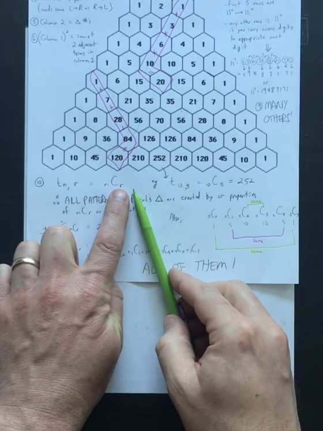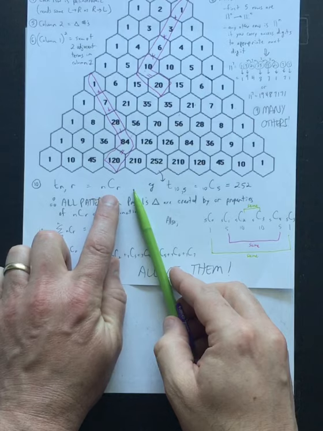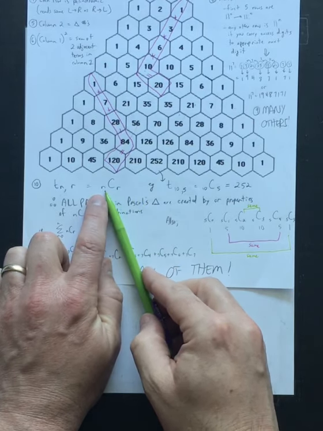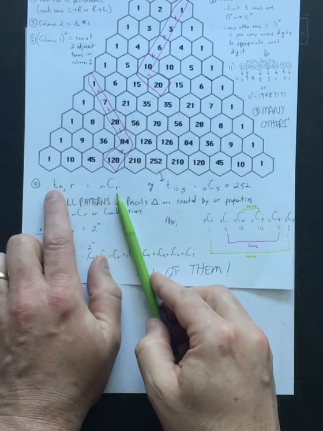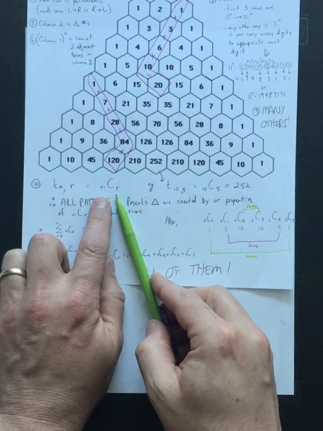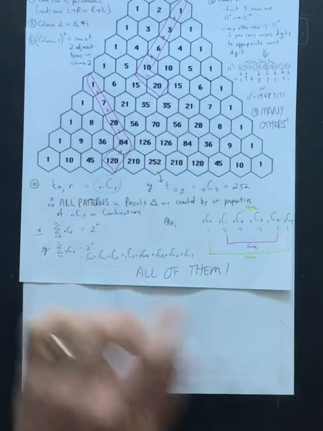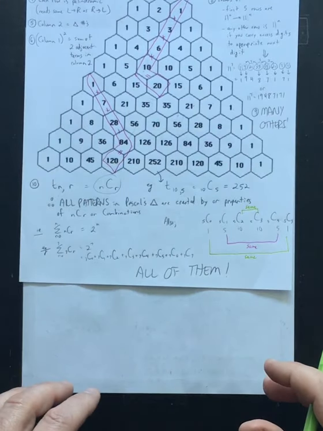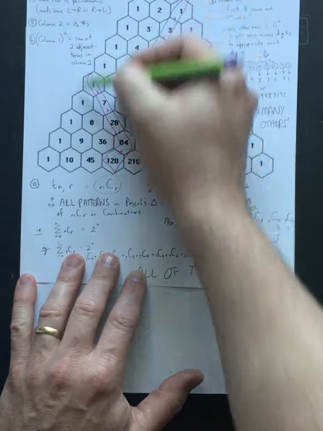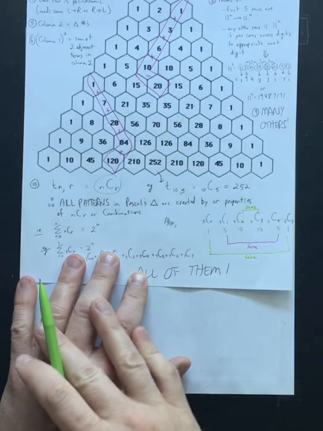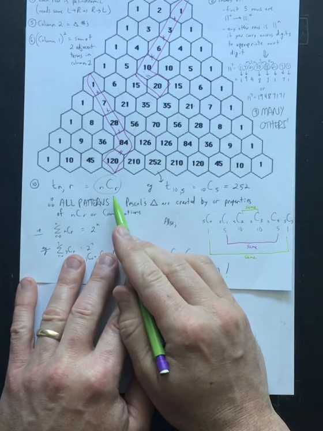In fact, the letters that we use for NCR actually came from sequences, but more exclusively, Pascal's triangle is created by chooses. And that is key. That means that all of these patterns are not only patterns in Pascal's triangle, but they're all patterns for chooses.